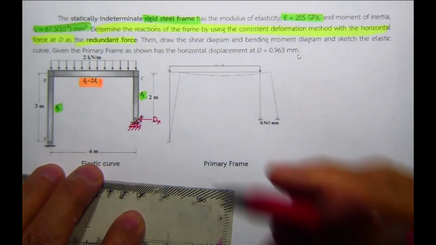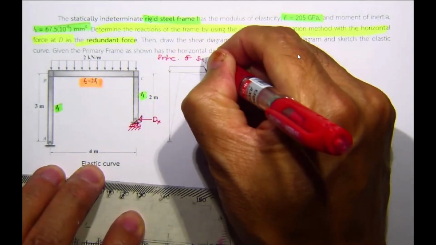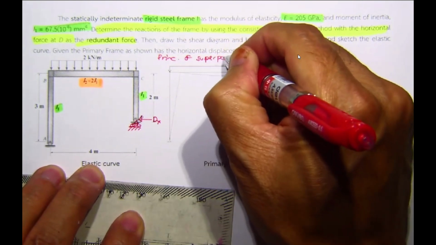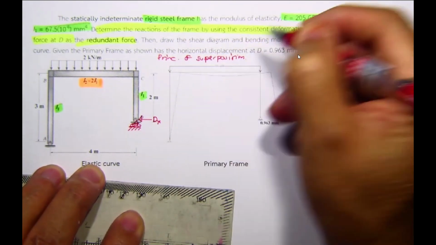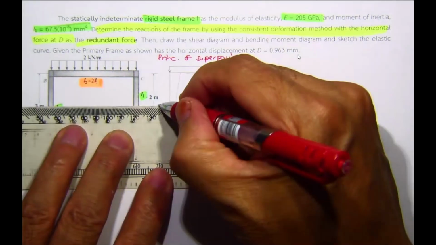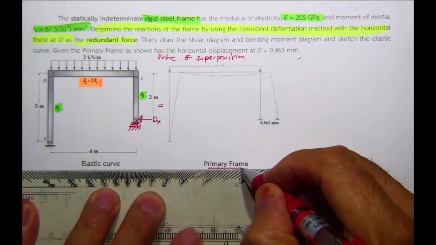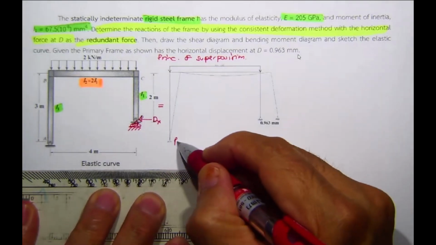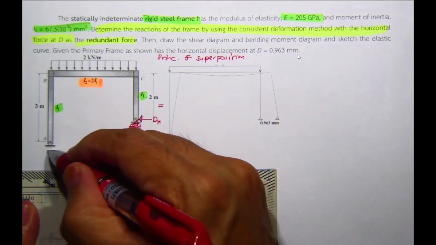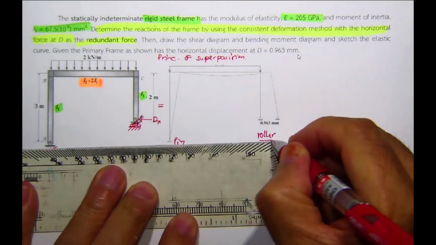Then, by using the principle of superposition, you should be able to separate this frame into two frames. One is called the primary frame, and you can see this is going to be the pin at this end, and this is going to be the roller.